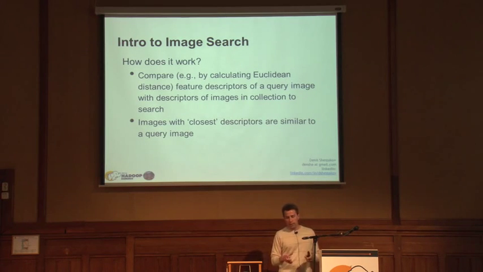The point is that those images that have the closest descriptors are similar. It works like this because these feature transformations are designed in this way, so they have these properties. So I guess now you know how it works, okay?